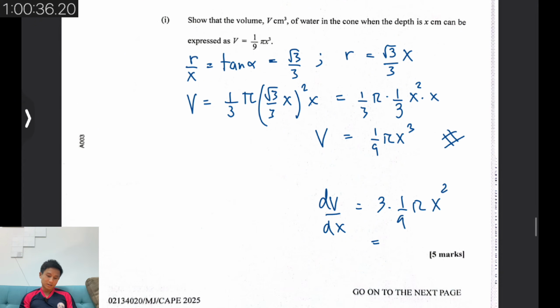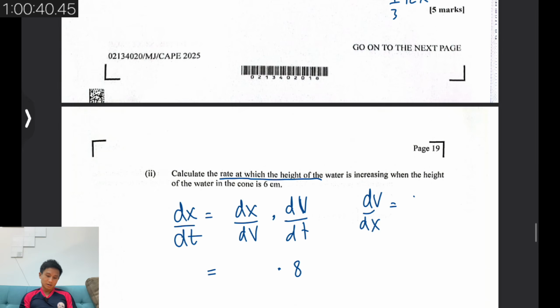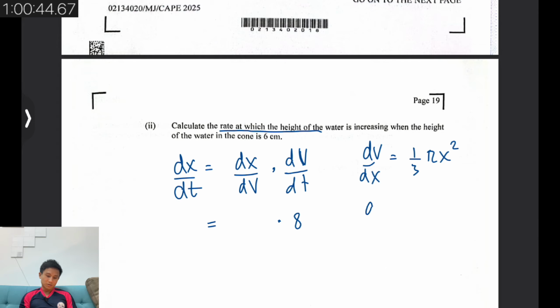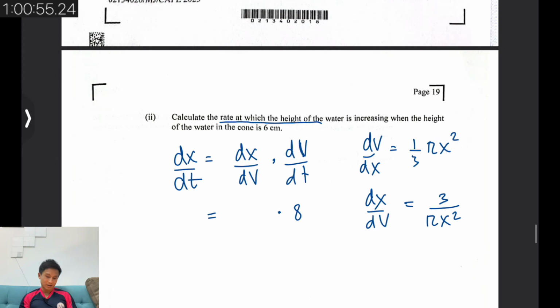So that is basically 1 over 3 pi x squared, right? So that means dx by dv, because we want dx by dv here, is going to be 3 over pi x squared instead, just flipping everything upside down.